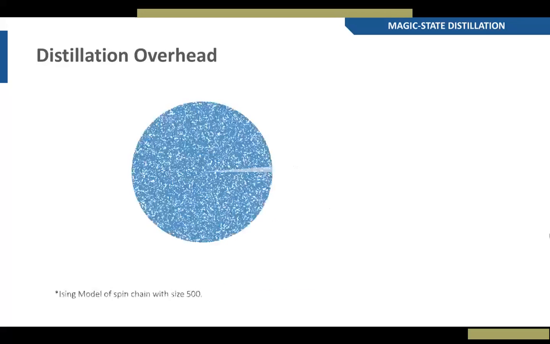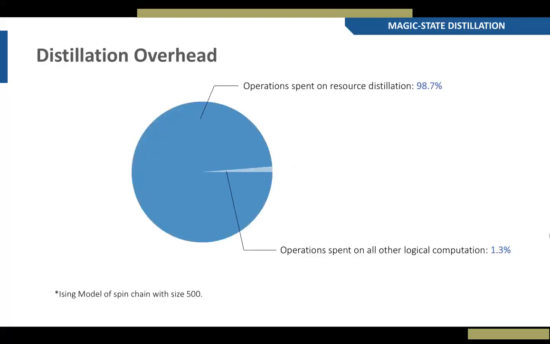As you can see, this procedure can quickly get very complex. How complex is it compared to the entire computation? It turns out that in most applications, it dominates the overhead. For example, 98% of the resources you put into the computation is actually just to prepare those magic states, and only about 1.3% is actual work.